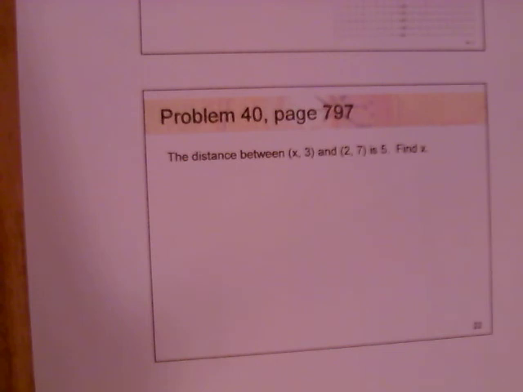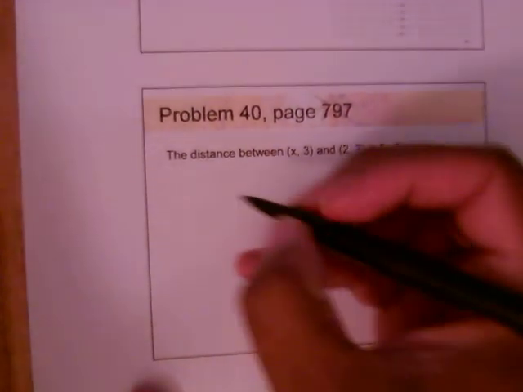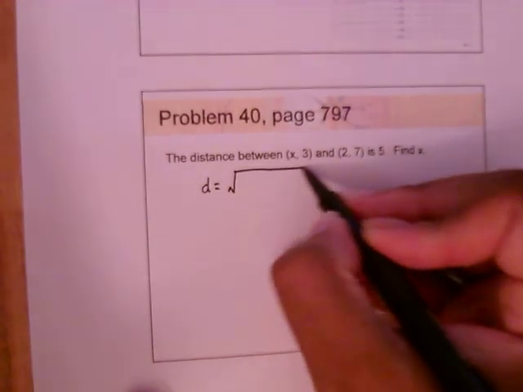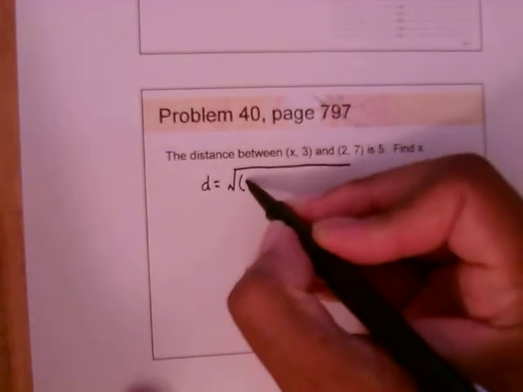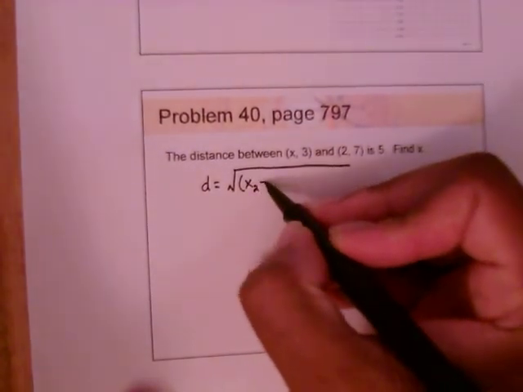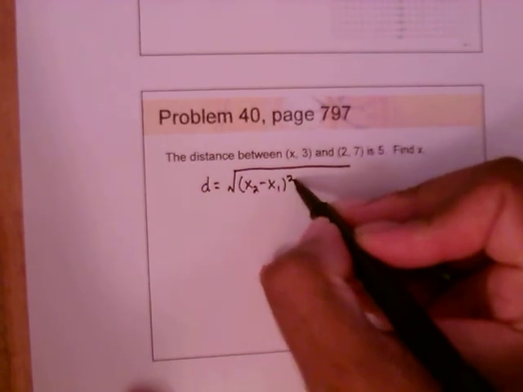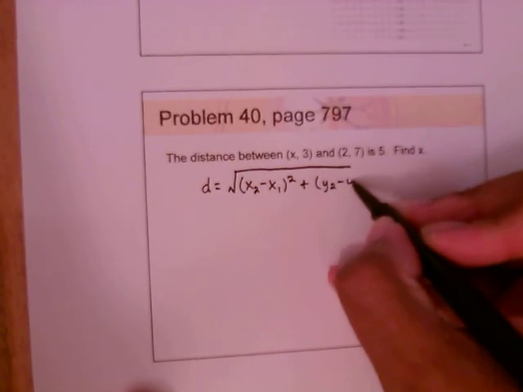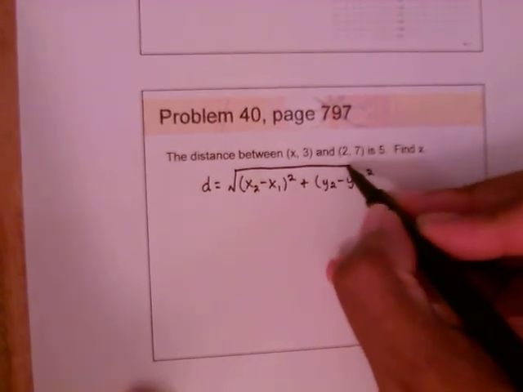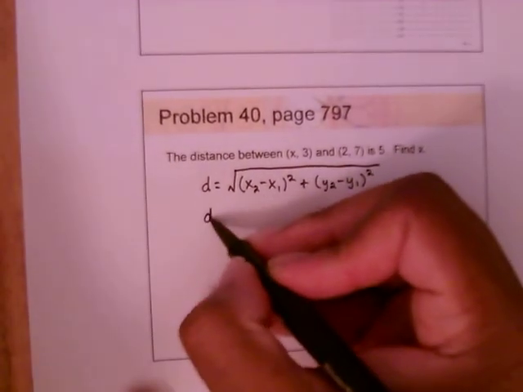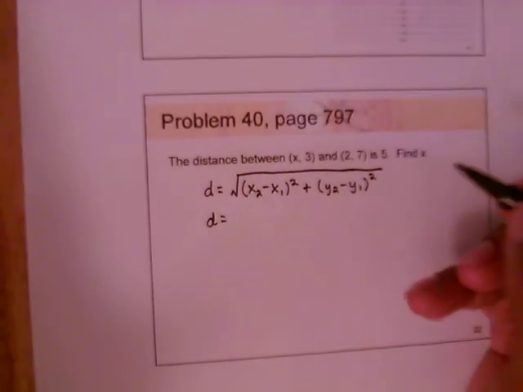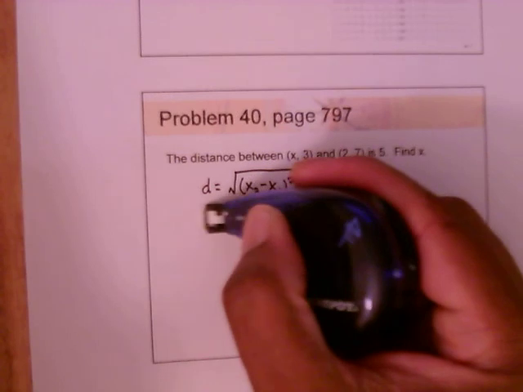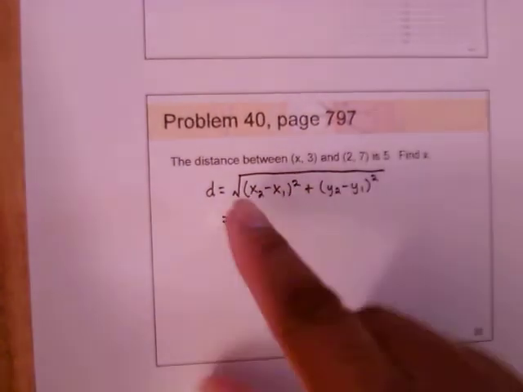So here, this is where we're going to have to use the distance formula, where d is equal to the square root of (x2 minus x1) quantity squared plus (y2 minus y1) quantity squared. Now, let me write this out, because I already know what the distance is. It's given to be 5.